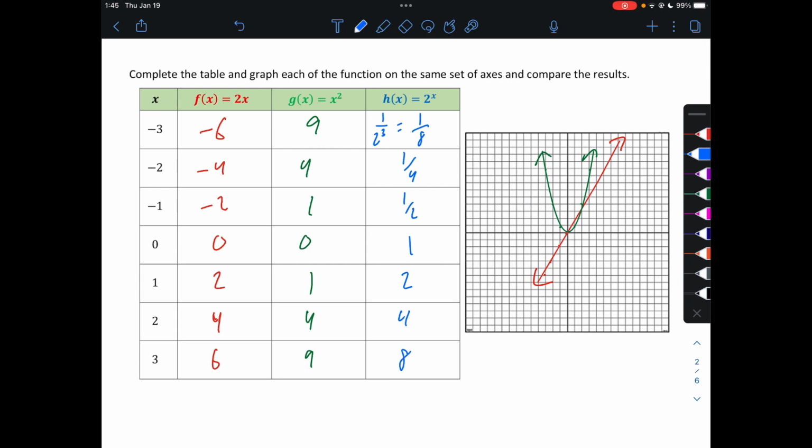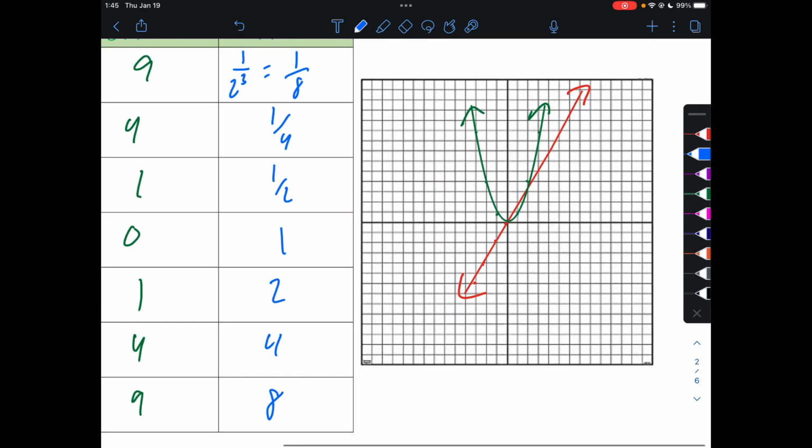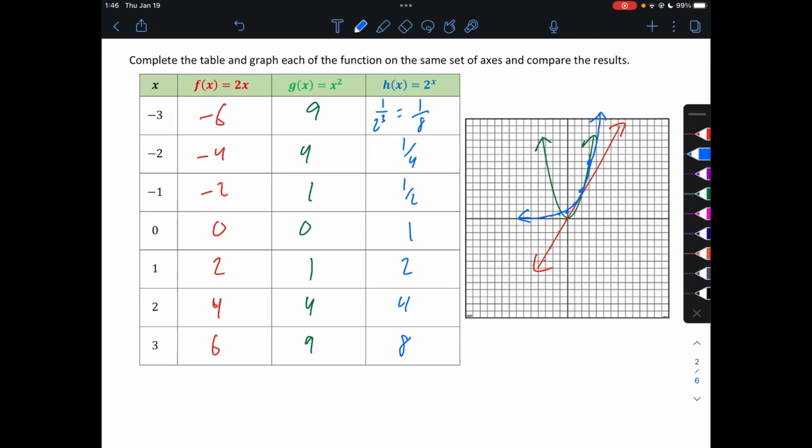We're plotting those points here: -3, 1/8; -2, 1/4; -1, 1/2; 0, 1. And then we're starting to get flattening out here. It should look something like this. Okay, so we have a linear in red, a quadratic in green, and an exponential in blue.